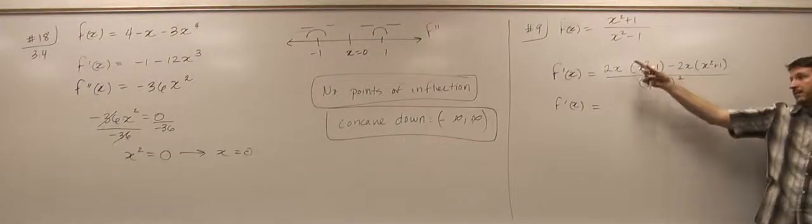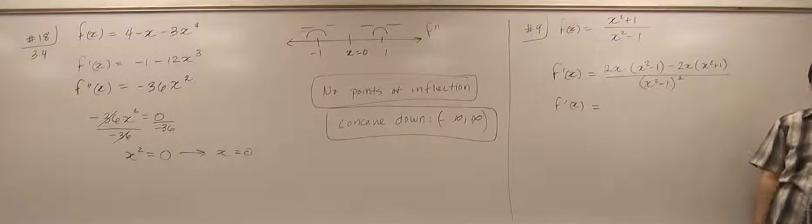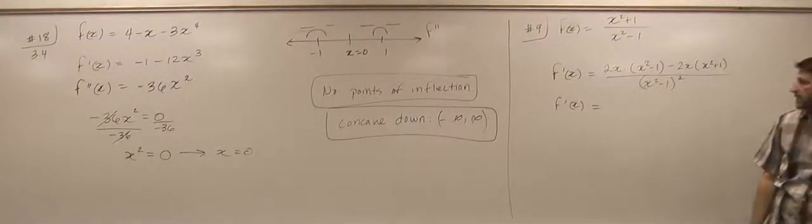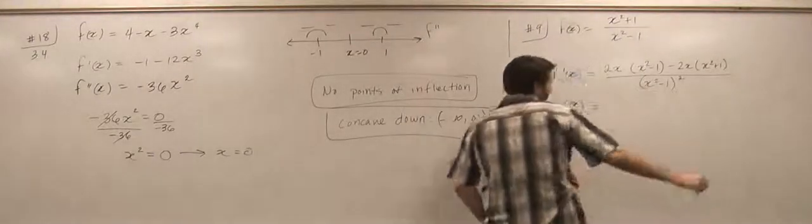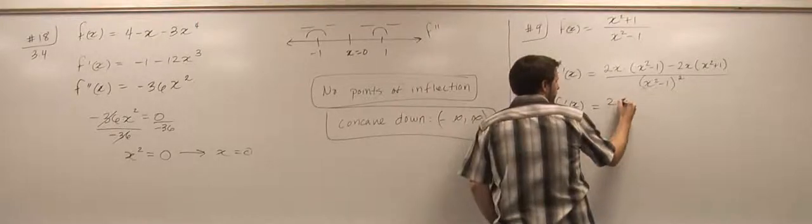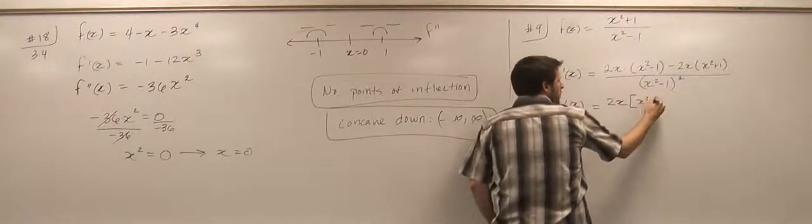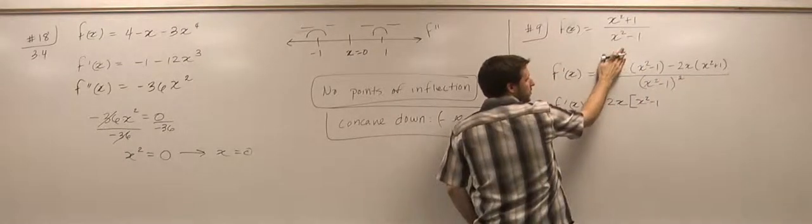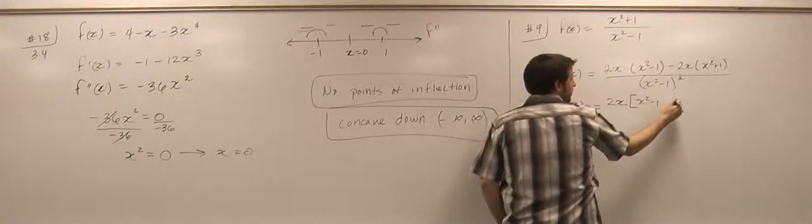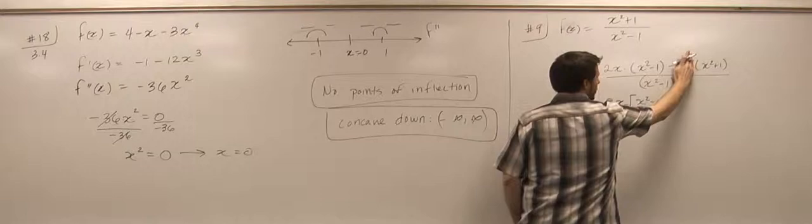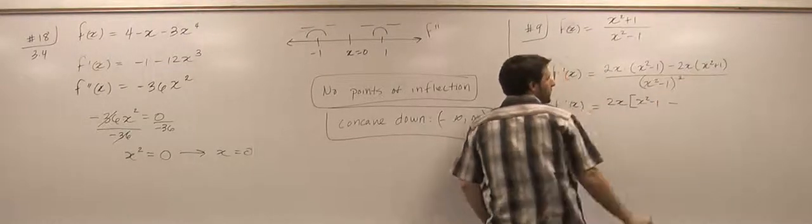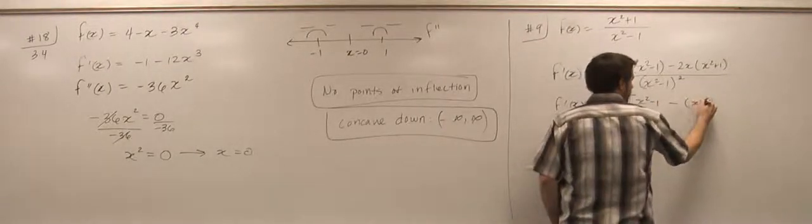Or you can multiply out the 2x and then combine. Either way, it's going to get you to the same place. But I like factoring. So what happens if you factor out a 2x? What's left? X squared minus 1, because you just take the 2x away. Minus, if you take the 2x away here, you get x squared plus 1.